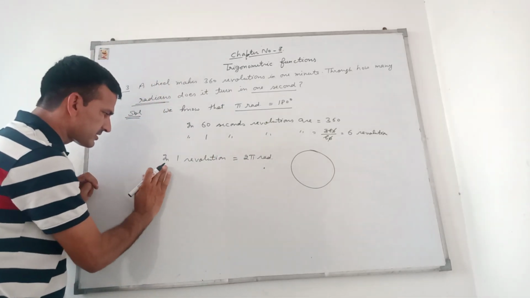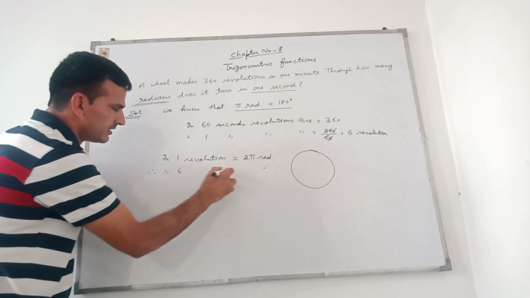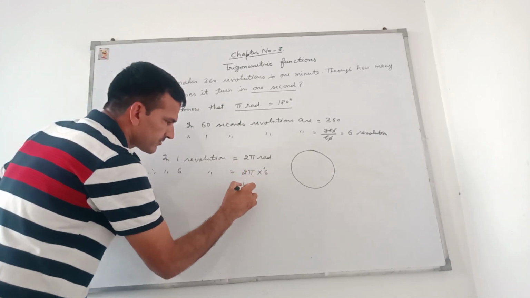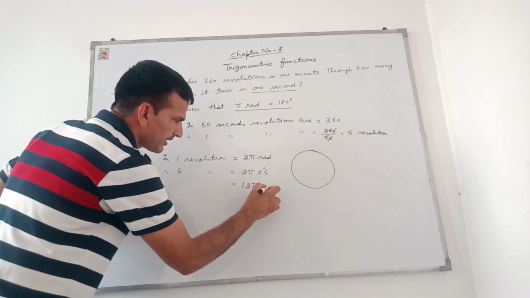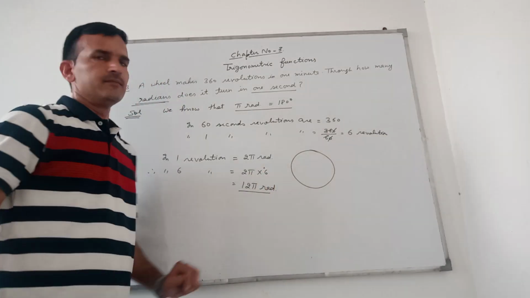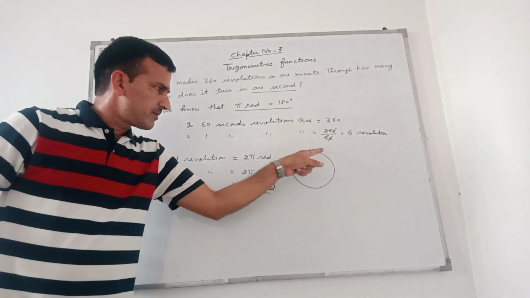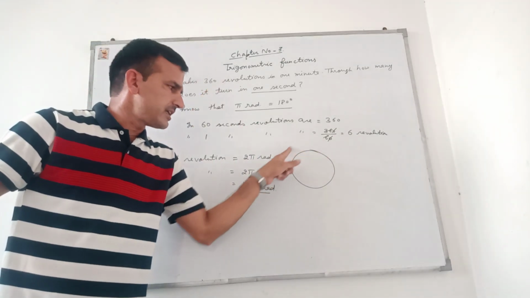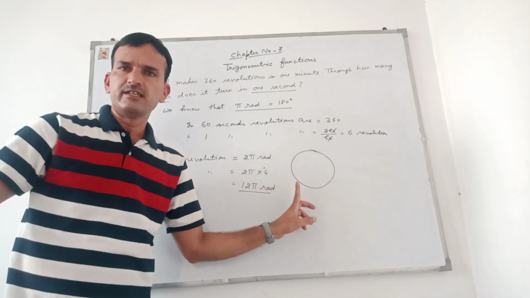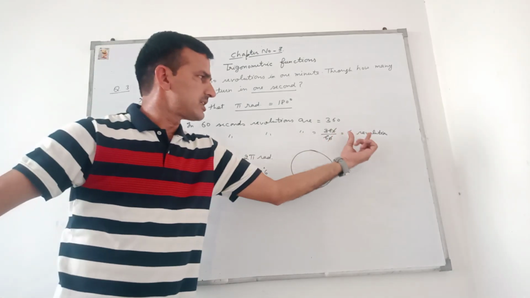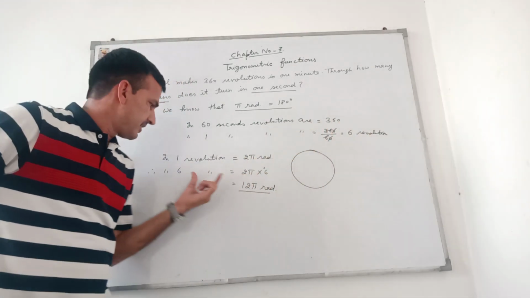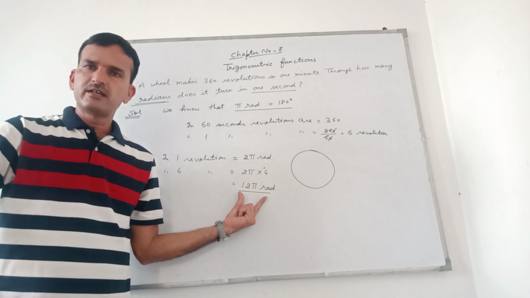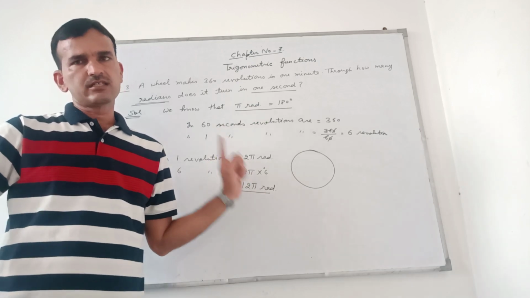Therefore, in 6 revolutions, the angle is 2 pi multiplied by 6, equal to 12 pi radian. Meaning, one complete round has an angle of 2 pi radian, and revolutions are 6, then the angle is 6 into 2 pi equal to 12 pi radian. This is question number 3.